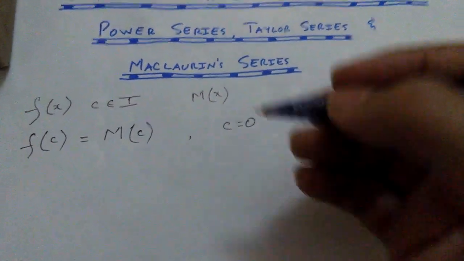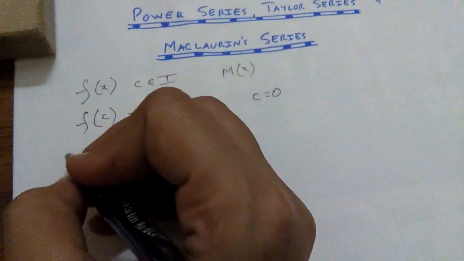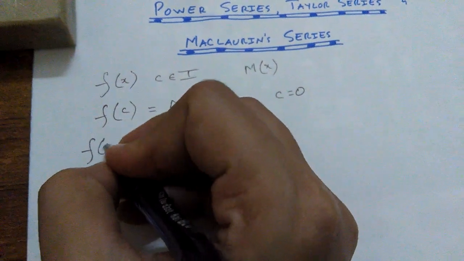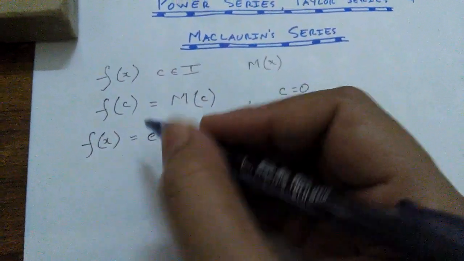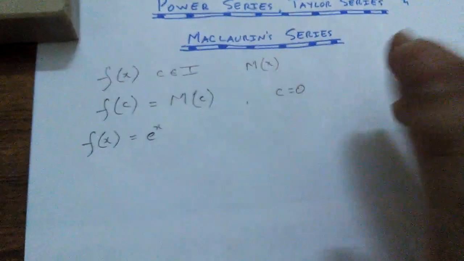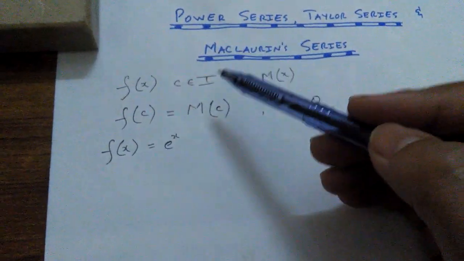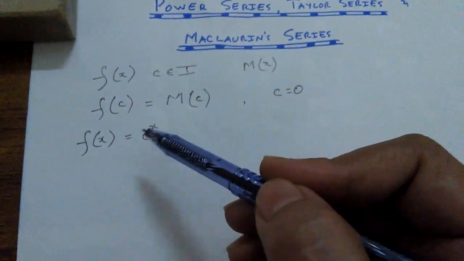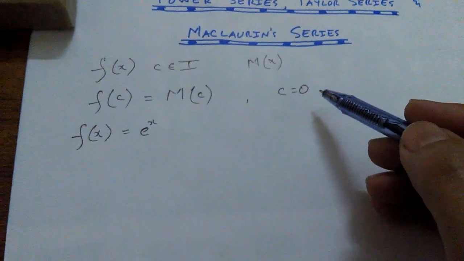Let f of x be the exponential function e to the x, and we are going to obtain a polynomial that best explains this function at c equals 0.